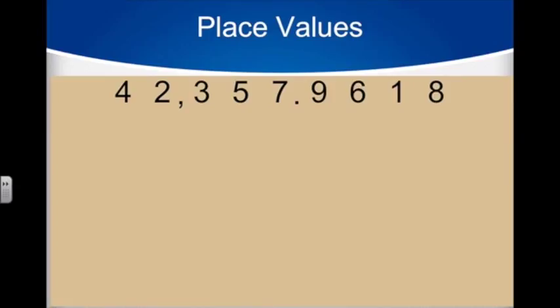Let's start our look at decimals by reviewing place value with this number, 42357.9618. If we start in the middle, 7 is in the ones place, and 7 is 7 times 1. Moving to the left takes us to the larger place values. 5 is in the tens place.